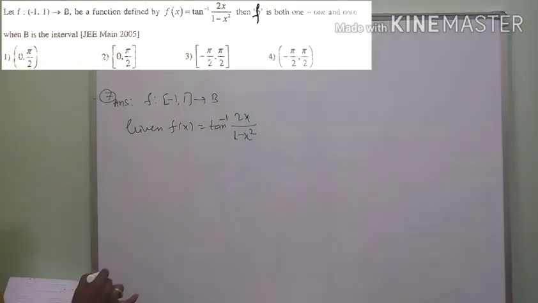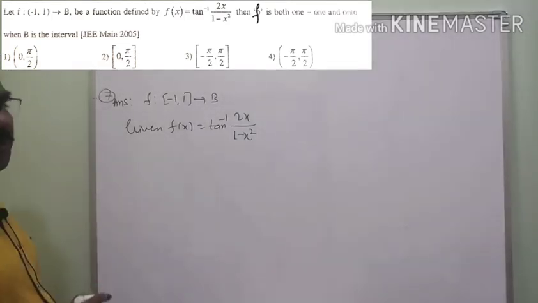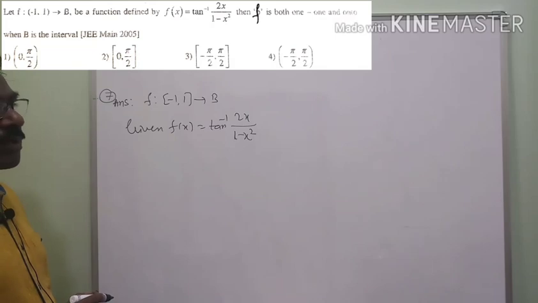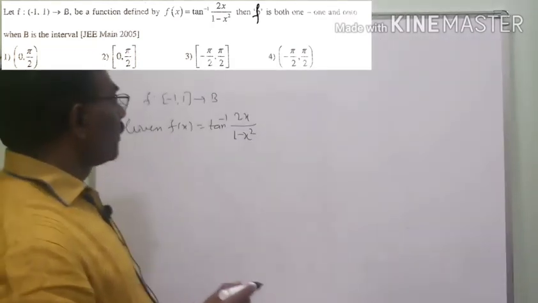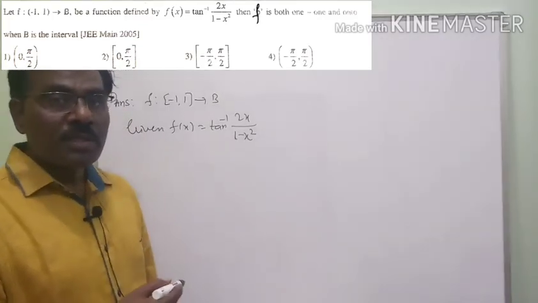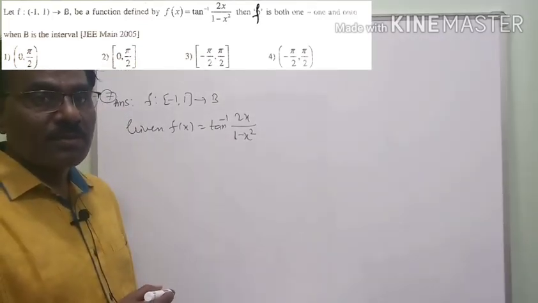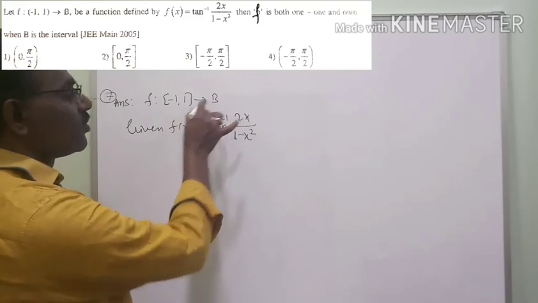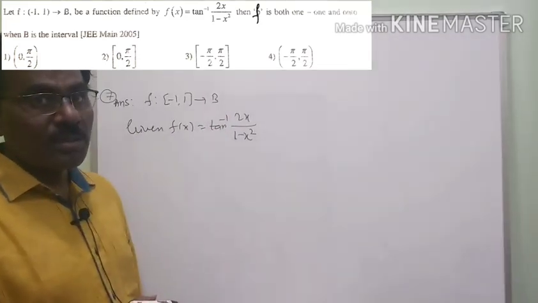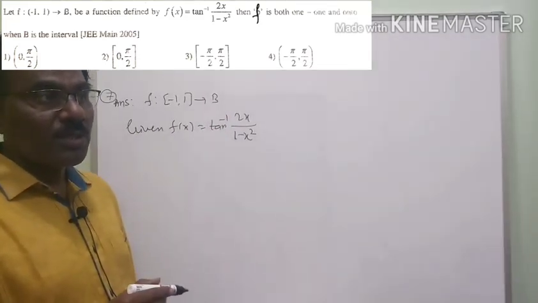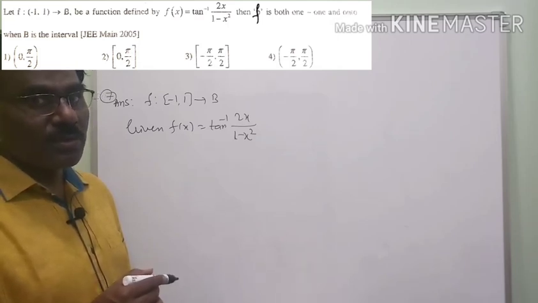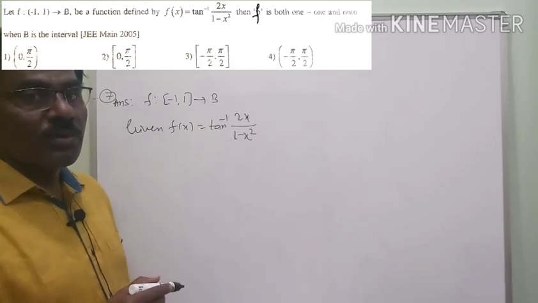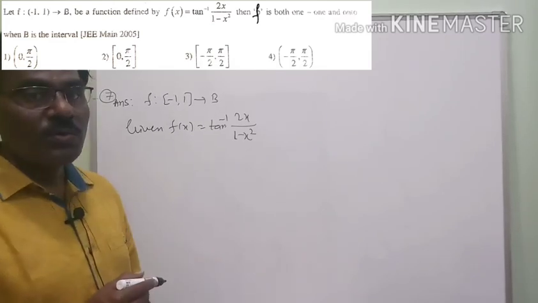Then f is both 1-1 and onto. When the function f is both 1-1 and onto, I think it is a bijective function. So what is this B? Codomain. Codomain means you have to solve range here. When you get range, then definitely range equal to codomain.